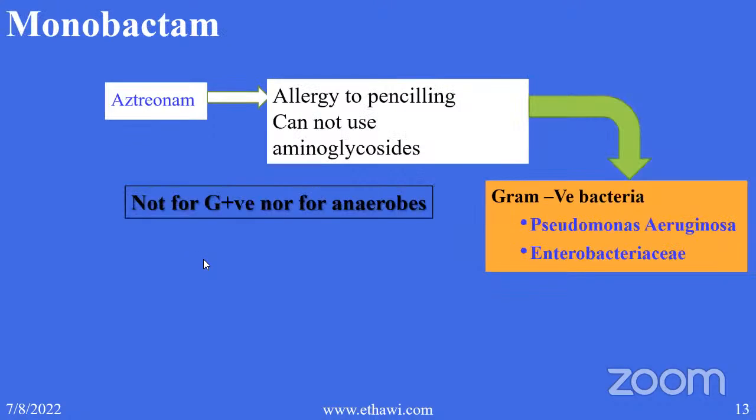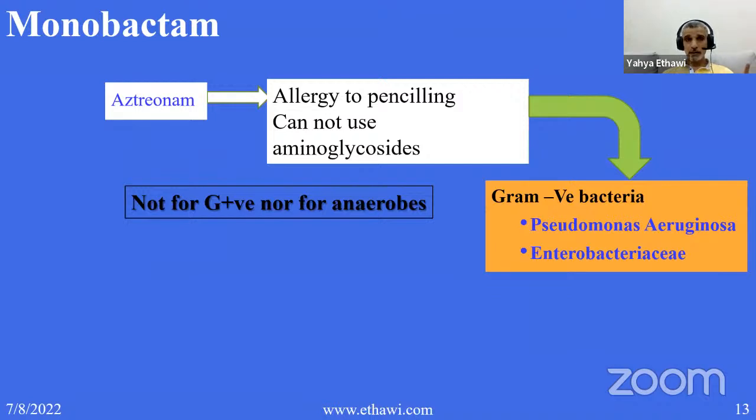Okay, so monobactam such as aztreonam, mostly we use it when we have allergy to penicillin, and we cannot use aminoglycoside because of an ear problem or kidney problem, or baby is very sick and has a high creatinine level. It's very good against gram-negative bacteria, including Pseudomonas aeruginosa and Enterobacteriaceae.